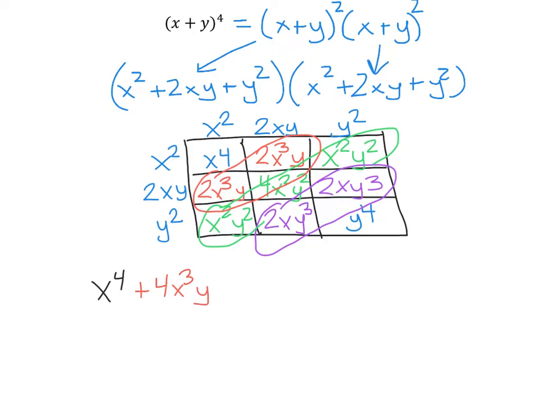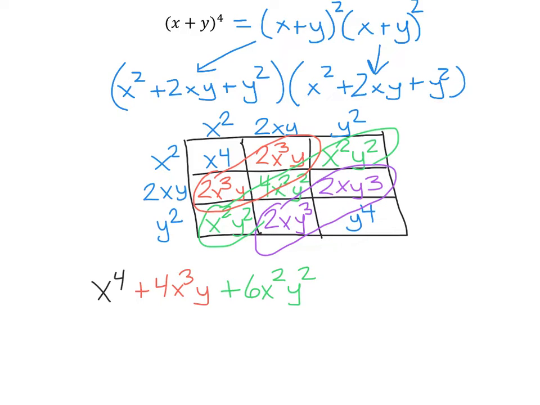And then we have our green terms here. We've got 1x squared y squared plus another 1x squared y squared plus 4x squared y squared for a total of 6x squared y squared.